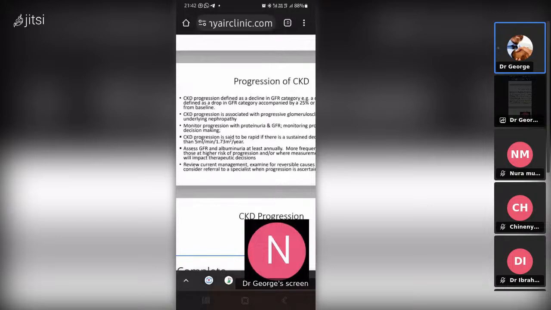Uromodulin, kidney injury molecule, that's KIM1, fibroblast growth factor 23, FGF23, neutrophil gelatinase-associated lipocalin, NGAL, soluble urokinase-type plasminogen activator receptor, suPAR. Okay, so suPAR, uromodulin, KIM1, FGF23, NGAL. So these are all novel biomarkers that have been recently discovered that are related to kidney disease, CKD.